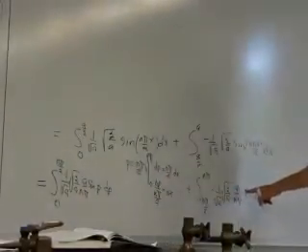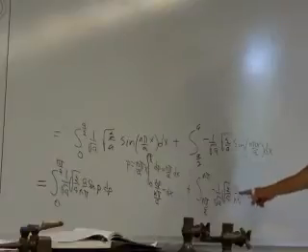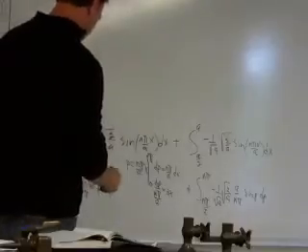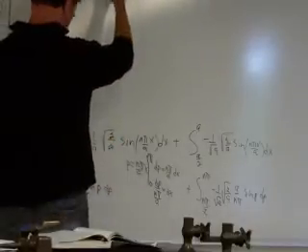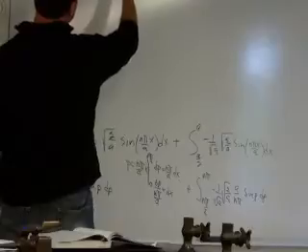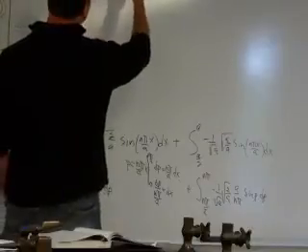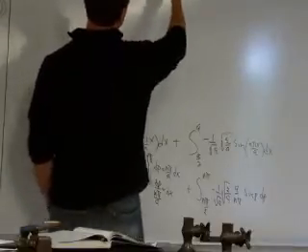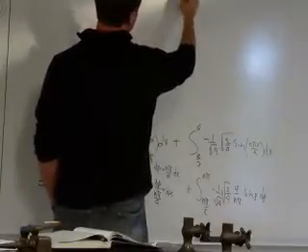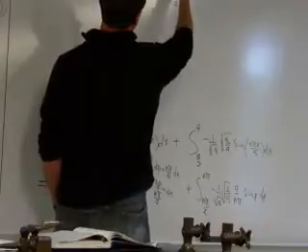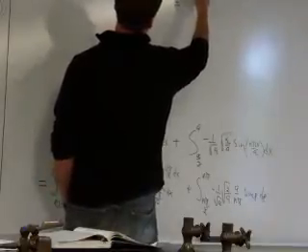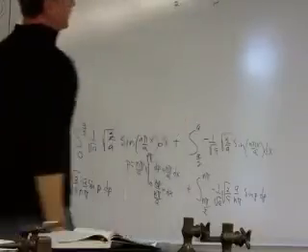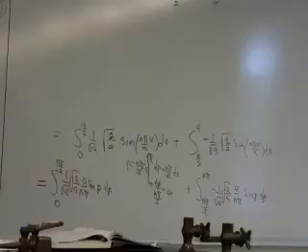Radical 2 over n pi times the whole thing: times the integral from 0 to n pi over 2 of sine p dp, minus the integral from n pi over 2 to n pi of sine p dp. And now I can do that. To me, that's the cleanest way to do it.